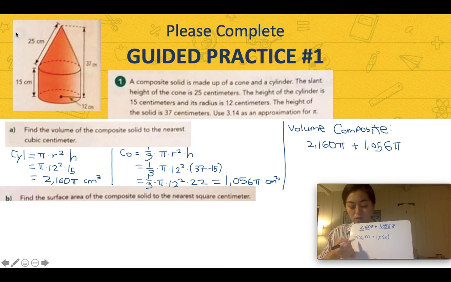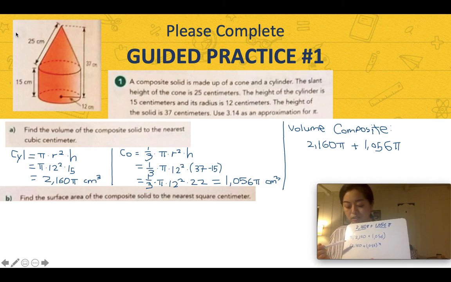And so when I have this pi multiplied by something in the parentheses, if I switch the order, I can just do 2,160 plus 1,056 times pi, right? It's the same thing, okay?